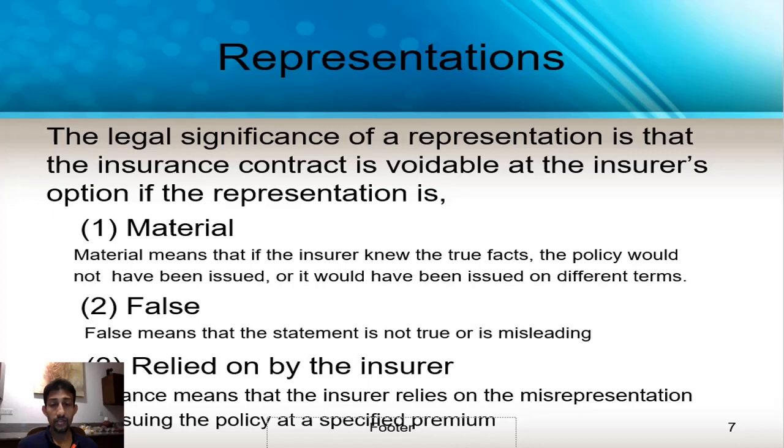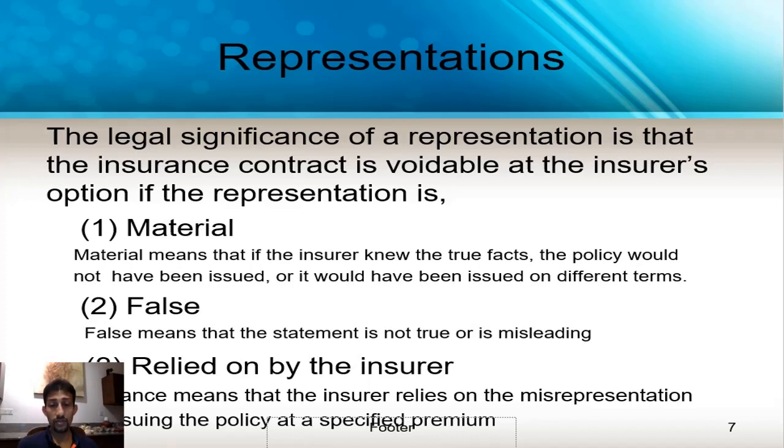For example, a person who has lung cancer is taking an insurance policy saying there was no surgery or there was no such situation. If he had mentioned that, definitely his insurance policy would have been affected. Sometimes there will be false statements which completely mislead the insurance agreement.